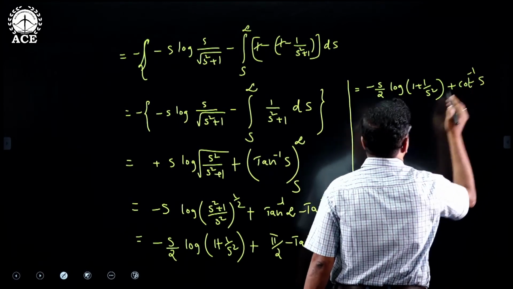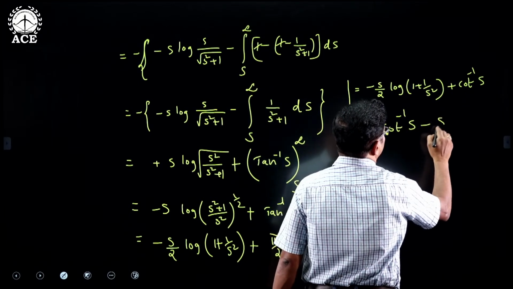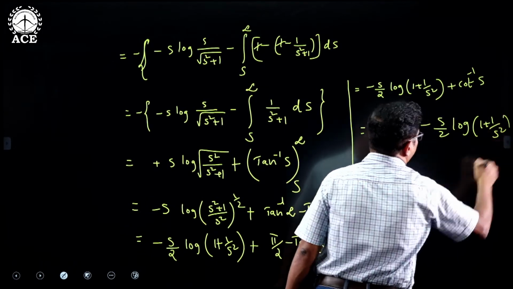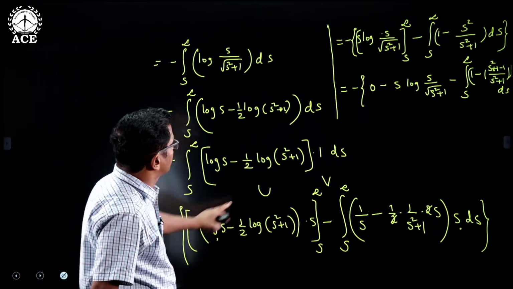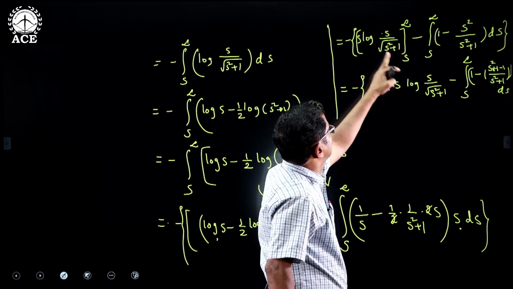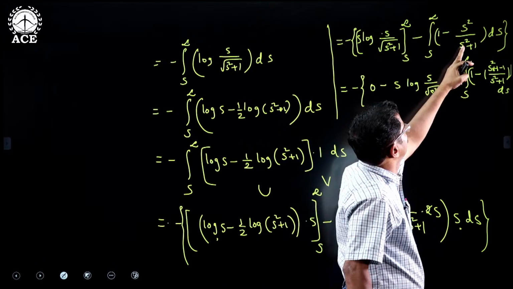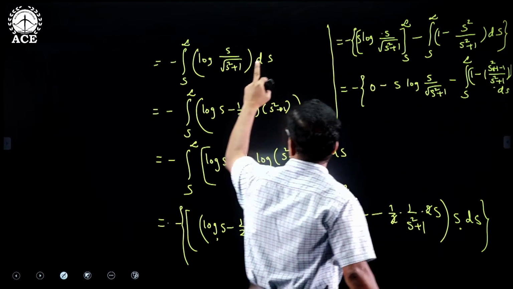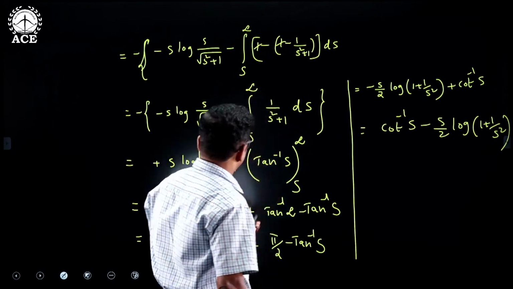So it equals cot inverse s minus s by 2 log of 1 plus 1 by s square. See once again here, for the upper limit this term is going to be 0, minus for the lower limit it will be as it is, minus 1 minus s square by s square plus 1, that I simply converted like this.